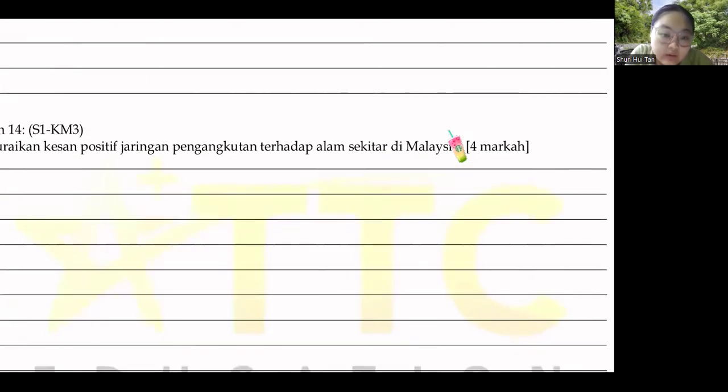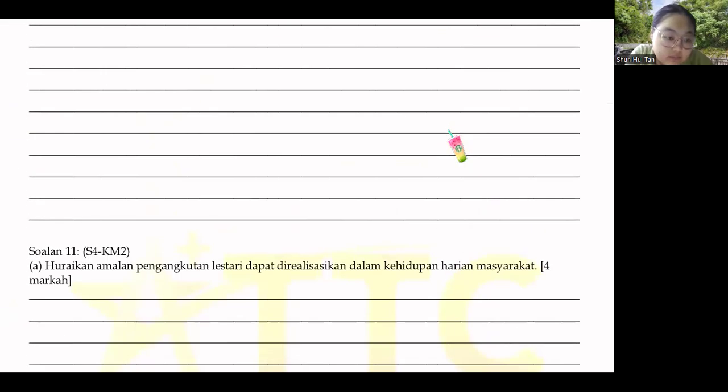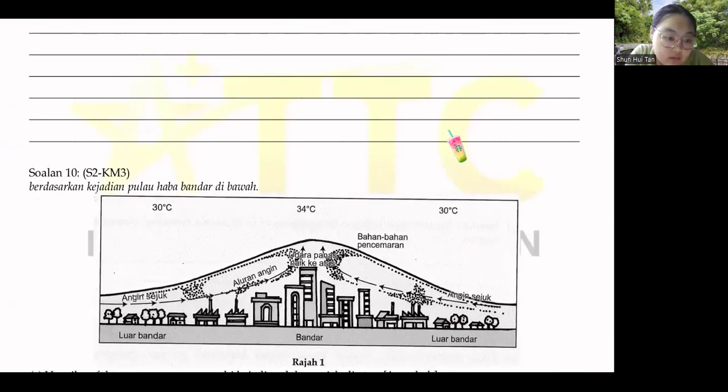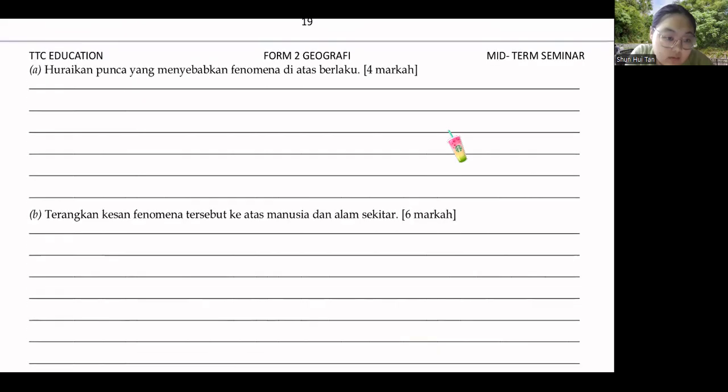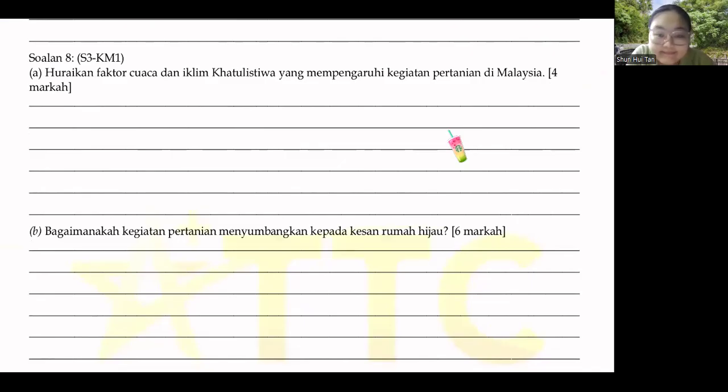Now, you see, I look at the questions here. Look at it. They ask you, uraikan faktor cuaca yang mempengaruhi kegiatan pertanian. Okay, tell me about what factor about iklim khatulistiwa affects plantation.